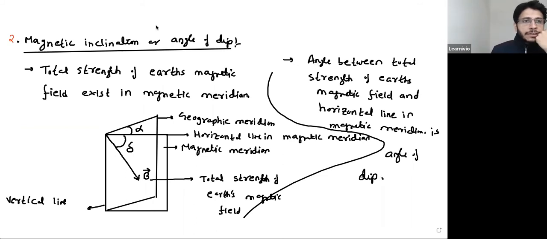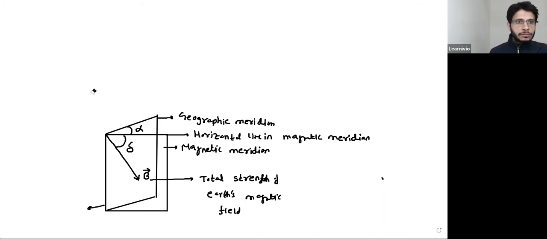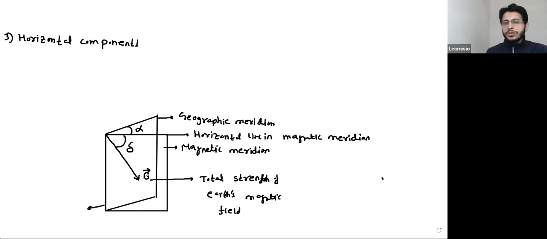So after this, there is one last element of Earth's magnetic field, and that last element is known as the horizontal component. As the name suggests, this is just the component of the total strength of Earth's magnetic field along horizontal.